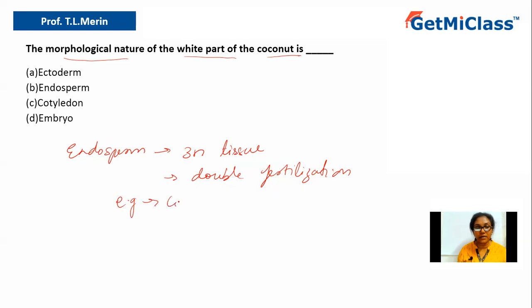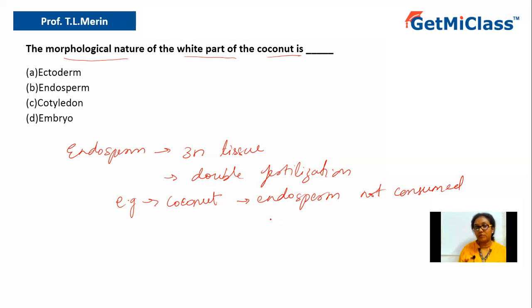In the case of coconut, this endosperm is retained even after maturation. But in most cases, the endosperm will be utilized. In some cases like coconut, the endosperm is retained. It is not consumed completely by the growing embryo during development.